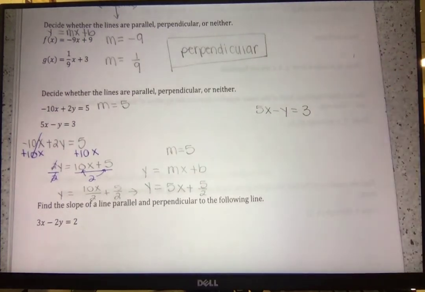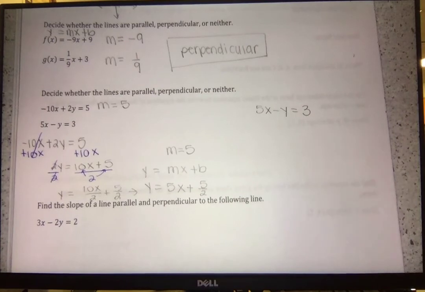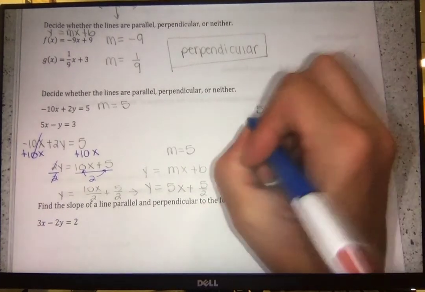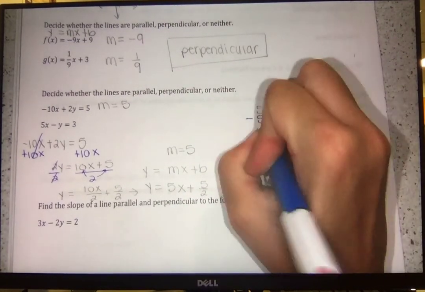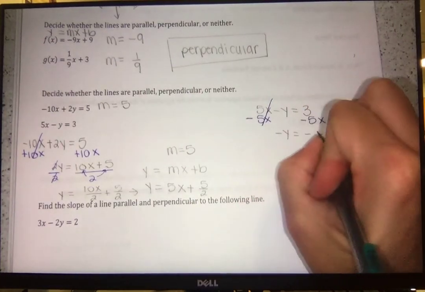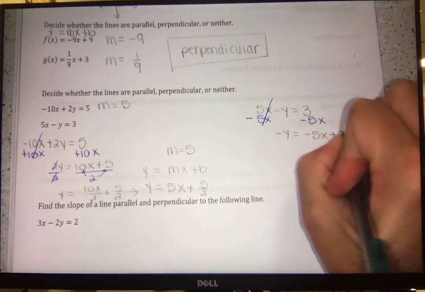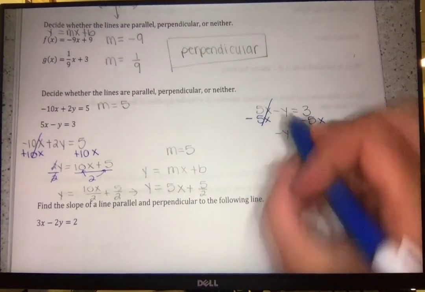That'll leave us with y equals -5x divided by -1 plus 3 divided by -1, which can be simplified down to y equals -5 divided by -1 is +5. X positive 3 divided by -1 is -3. So we have y equals 5x minus 3.